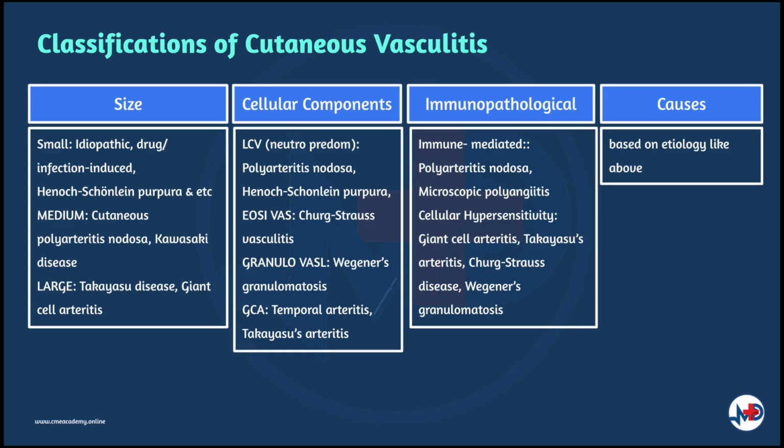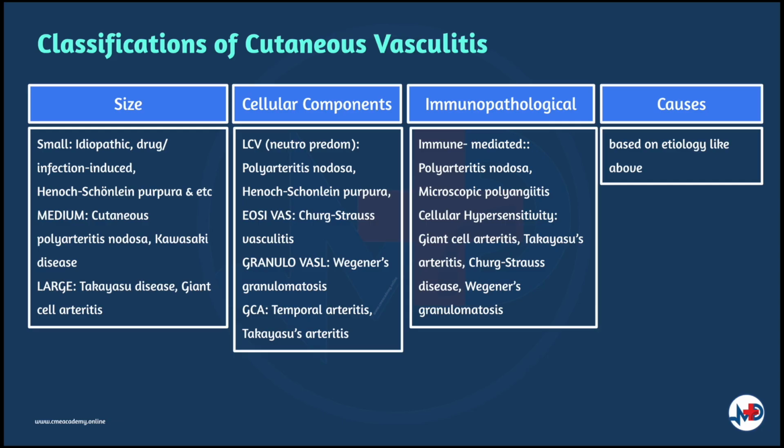Next, if we look at the immunopathological and histological features, beginning with the immunopathological features, this type of vasculitis may be divided into immune complex-mediated and cellular hypersensitivity. Based on histological features, more specifically, the cellular components can be looked at. Leukocytoclastic vasculitis, in which neutrophils are predominant, includes polyarteritis nodosa, Henoch-Schönlein purpura, and vasculitis due to drugs, infections, and connective tissue diseases.